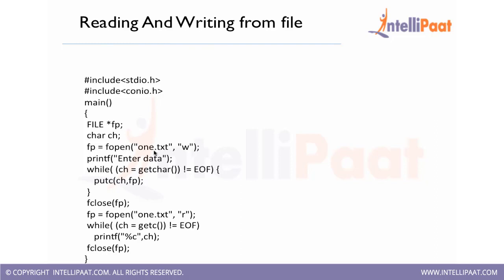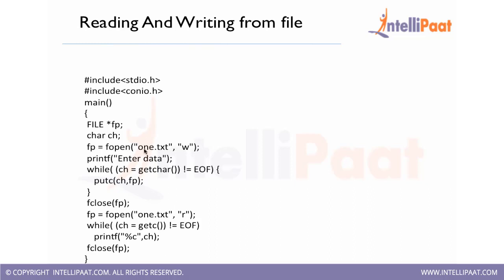We are giving a file name, 1.txt. If we don't specify the absolute path, then the compiler assumes that your file is stored in the same path where your .c file is stored. So in this case 1.txt should be at the same path where this program is present.